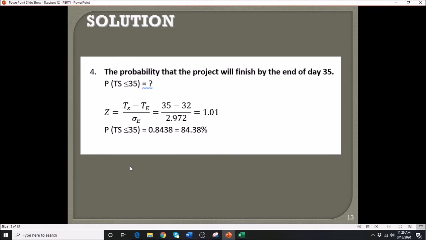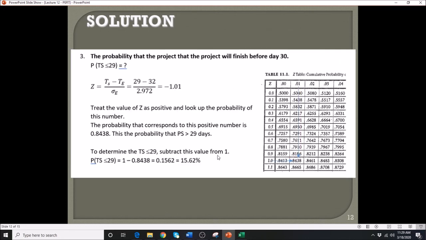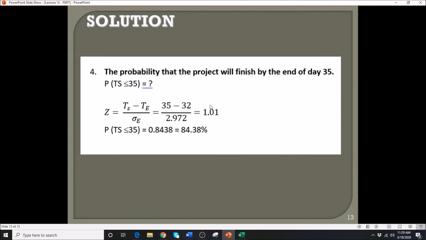So in that case, we need to look up this value 1.01, which again is equivalent to the previous equation. We will treat it as a positive. We don't need to subtract from 1 because your Z value is positive. So in this case, it is 84.38 for day 35. Okay.